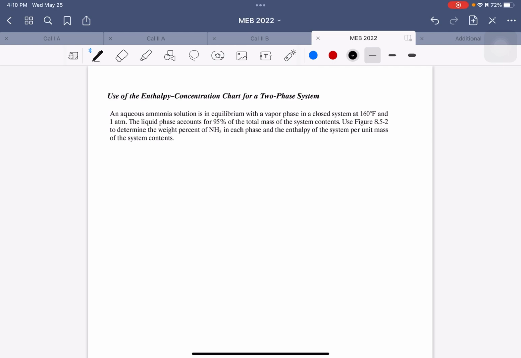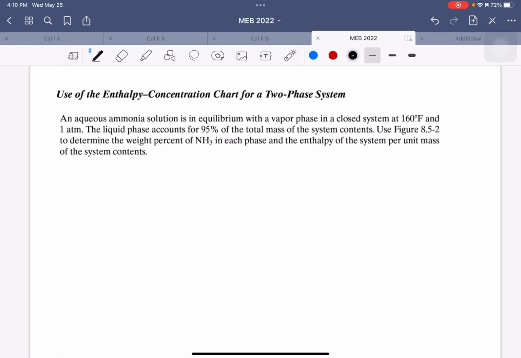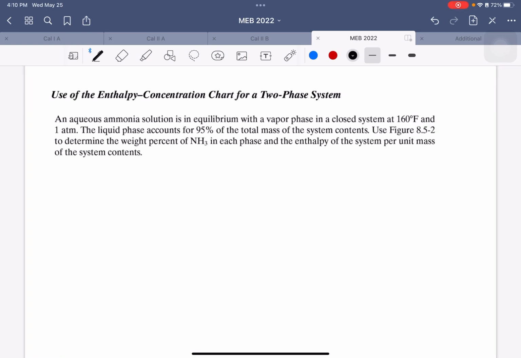Okay, now we have questions. This is example questions on the enthalpy for two-phase system. So this will be on chapter 8, 8.5. This is the ammonia concentration enthalpy chart. So let me just give you a brief through the questions.